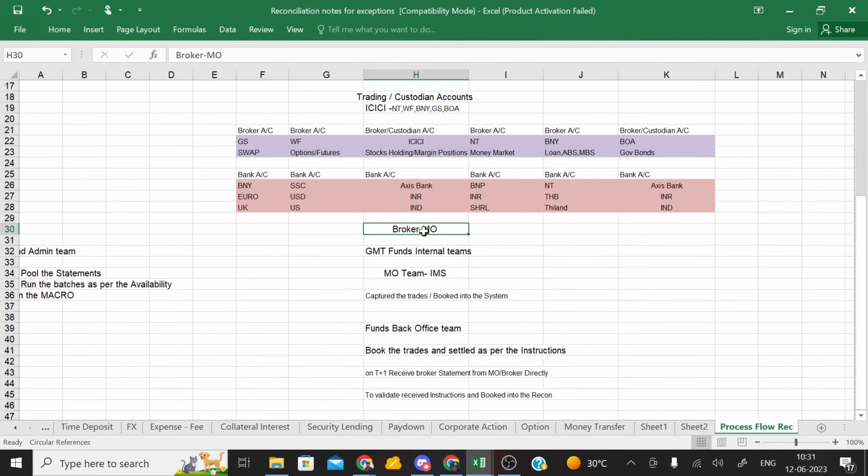So broker middle office team and fund middle office team, they coordinate, they confirm the settlements or trade details. So captured and confirmed trades settled in MO, right?